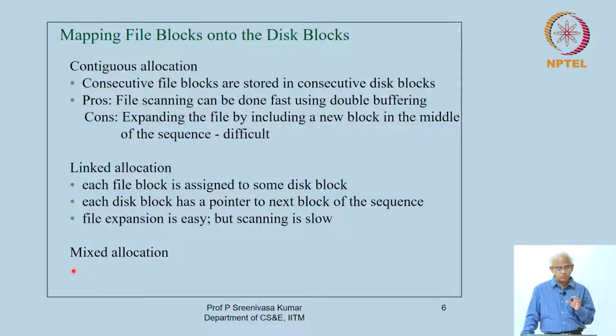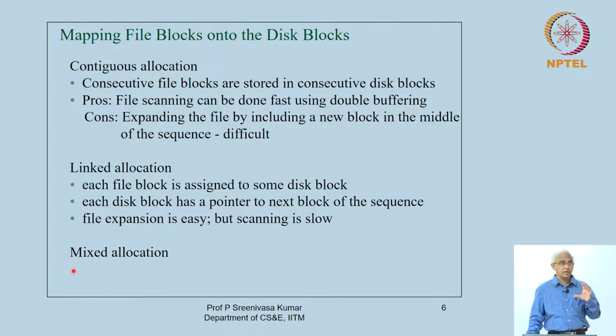Now, what we're doing is to see that when there is a file, the file has records, and we need to store this file onto the disk. So what we will do is pack these records into block units, and then we'll get one sequence of record units.